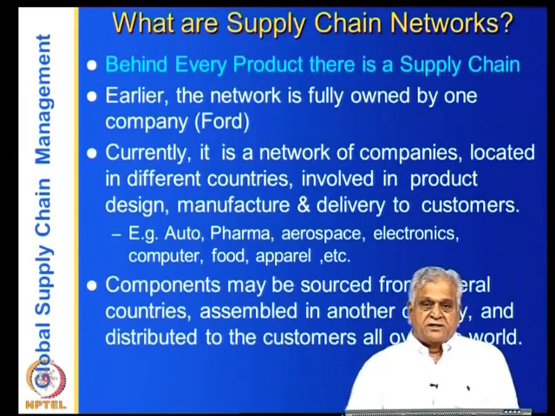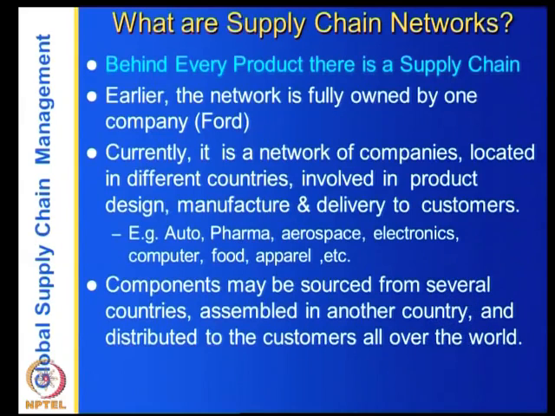Components may be sourced from several countries, assembled in another country and distributed to the customer all over the world. So you can see that when you are making a product, there are several countries involved, several companies that are involved, and so a network coordination becomes very important.